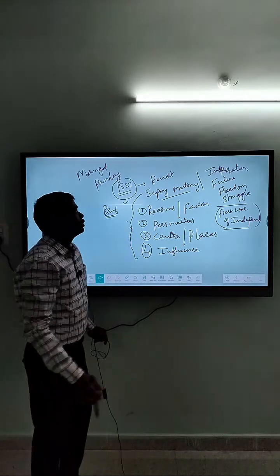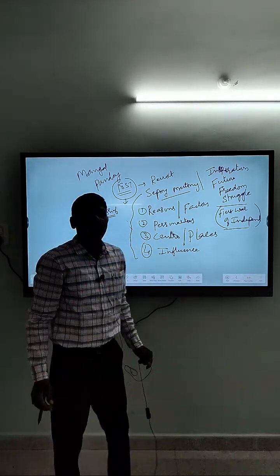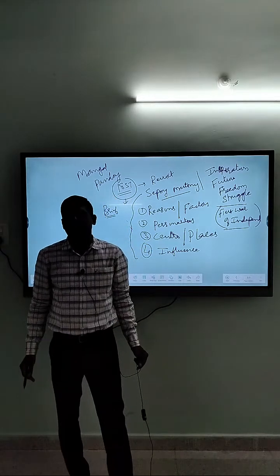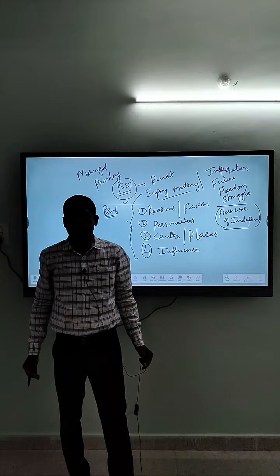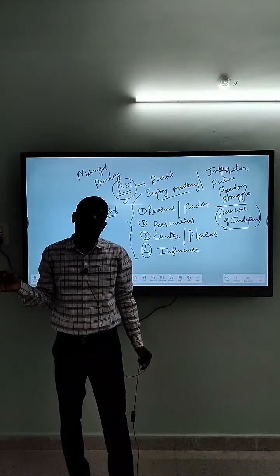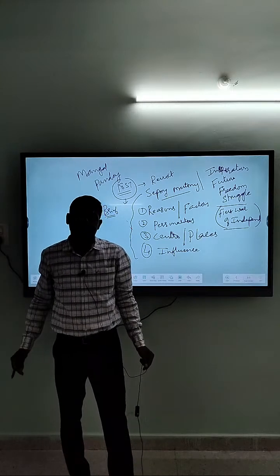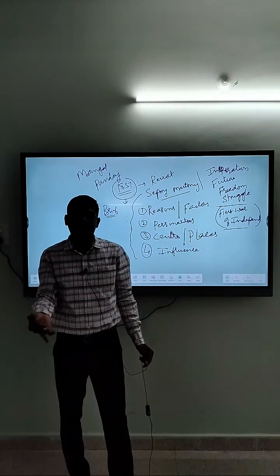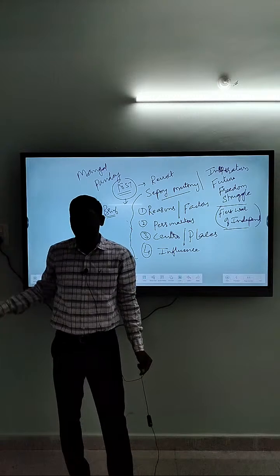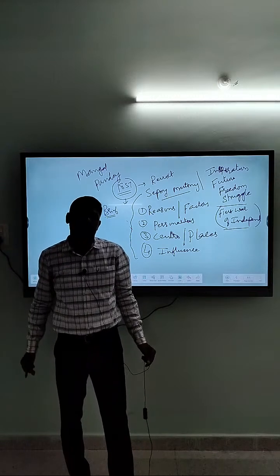Mangal Pandey is regarded as the hero of 1857. But it is not just the killing of Mangal Pandey. The Indian Sipahis in the East India Company army revolted against their master.